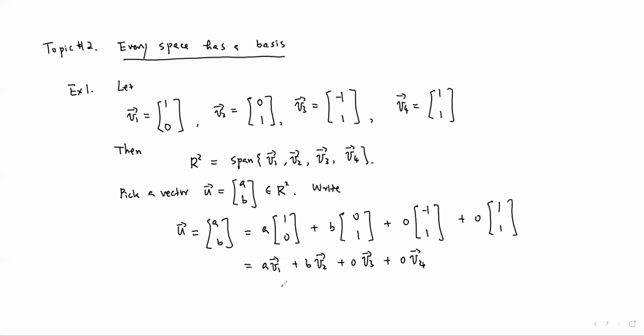Therefore, conclusion: R2, this two-dimensional space, can be spanned by these four vectors.